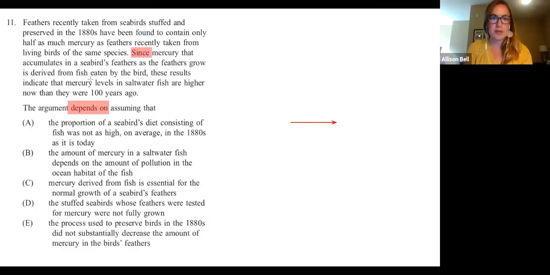So since blah, blah, blah, these results indicate mercury levels in saltwater fish are higher now than they were 100 years ago. Okay, so that's what I'm trying to prove. Mercury in these fish is higher now than 100 years ago.